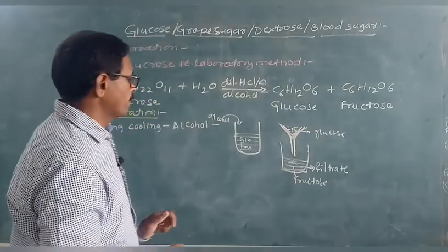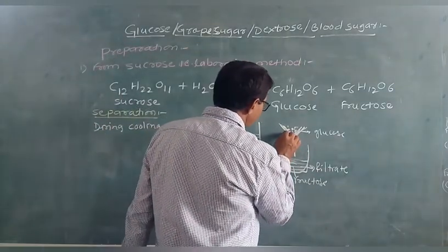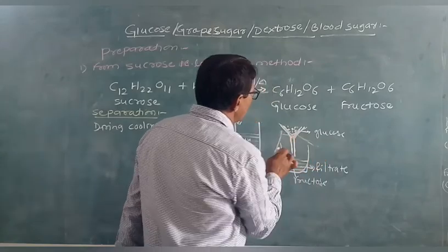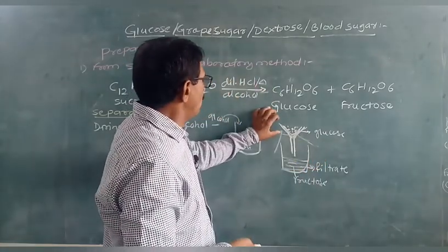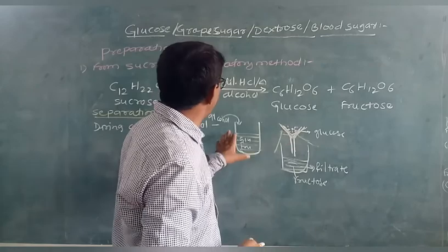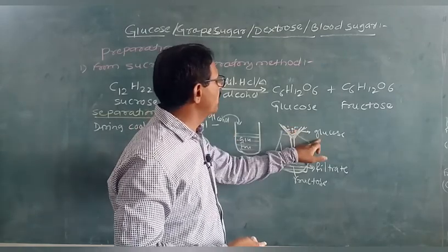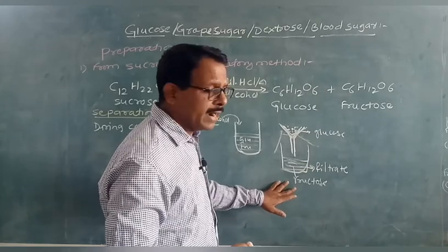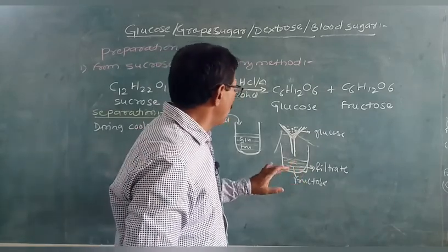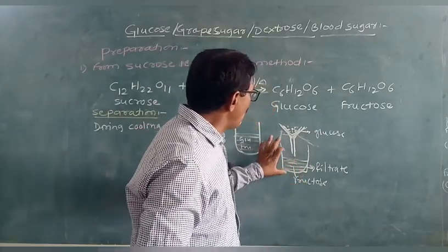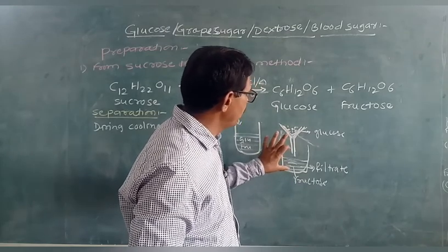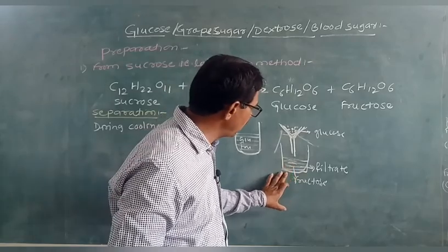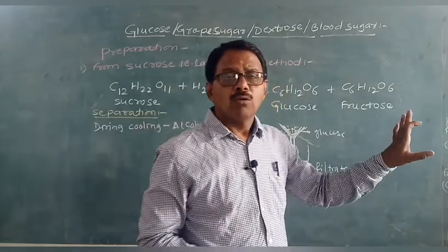In this way, we have separated this by using this funnel filter, and glucose crystals are obtained here. In this way we can separate glucose from fructose, and also we can prepare fructose. Now evaporate this filtrate, heat this filtrate strongly, then we will get fructose again.